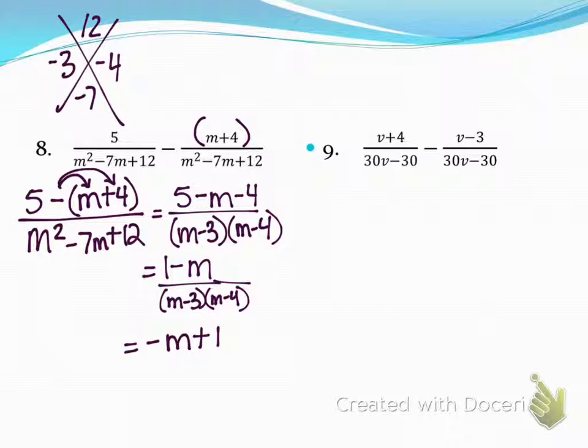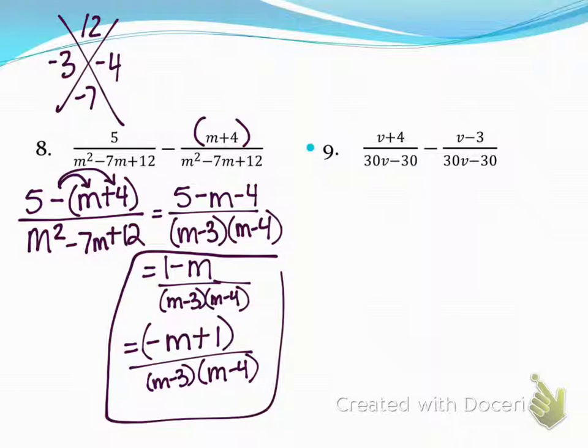The m was negative, the 1 was positive. You could keep it in a binomial if you want. I'm fine with the 1 minus m, but if you really want your m to be written first, that's how we would have to do it, negative m plus 1. Now, either way we write this, nothing's going to simplify or reduce, so we are just going to leave it alone there.